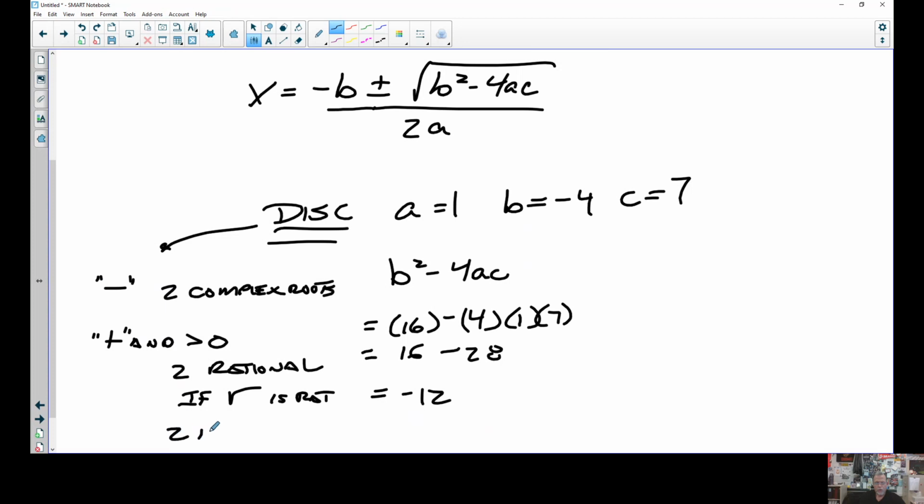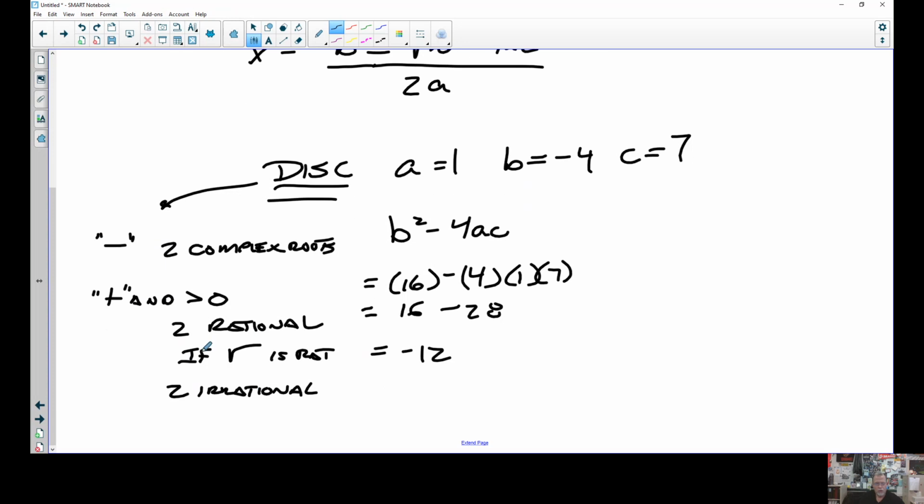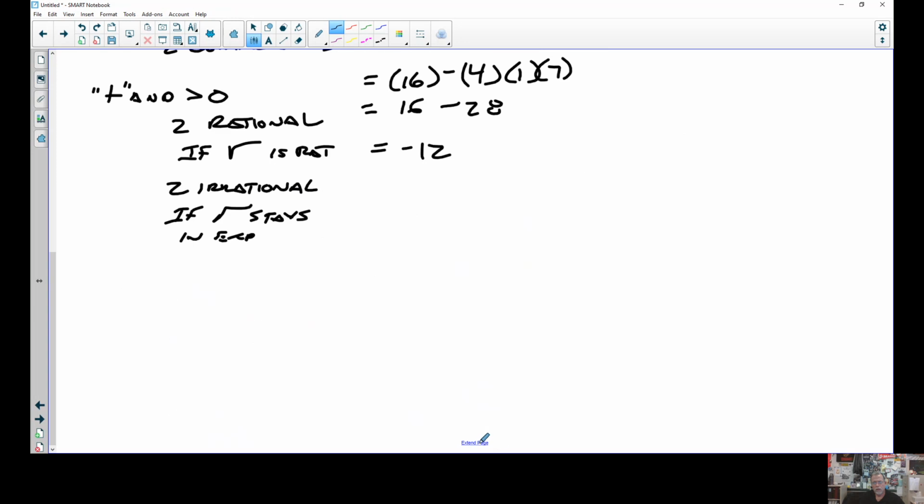Or we can have 2 irrational roots if they stay square root. All right, and last, if that discriminant is 0, then we know we have 1 rational root.